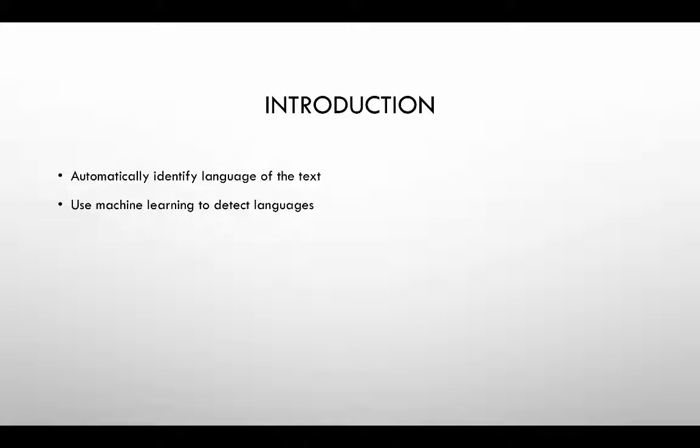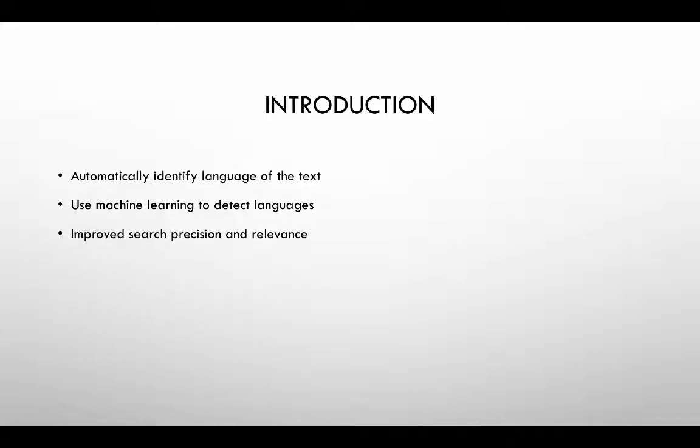Using machine learning allows us to teach a machine to learn the patterns from the training data, and once the model is trained it can automatically detect the language of the text. So we don't need to explicitly program any hard-coded rules to classify or detect the language of the text.